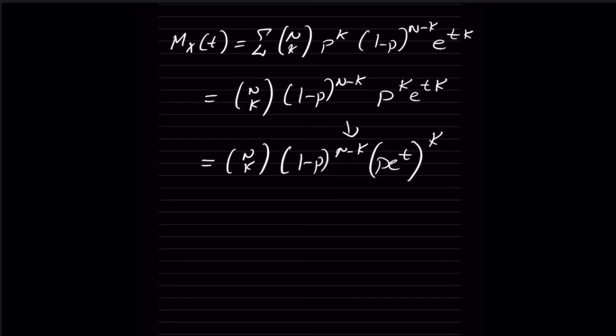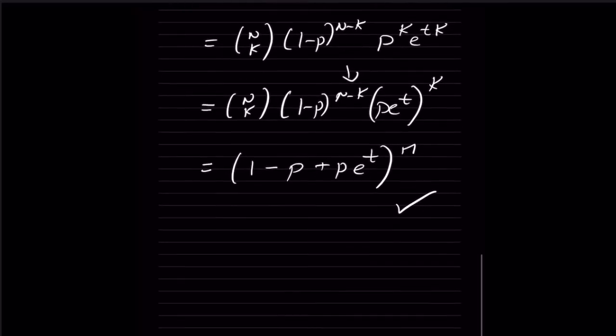And of course, this is again the binomial theorem, and we'll break it down into 1 minus p plus p e to the t, raised to the n. So now we have our moment generating function for the binomial.